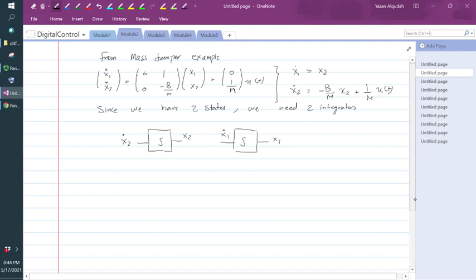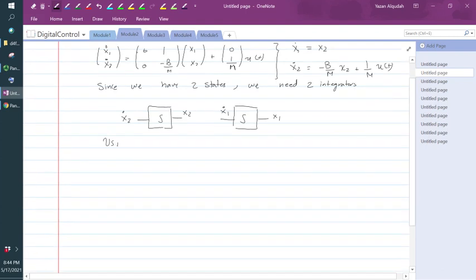So therefore, using the equations above, I can construct this diagram. I can have this integrator here, and this is x1, this is x1 dot, this is the second integrator, this is x2, and x2 is equal to x1 dot. And x2 dot from the equation above is equal to 1 over m multiplied by u of t.